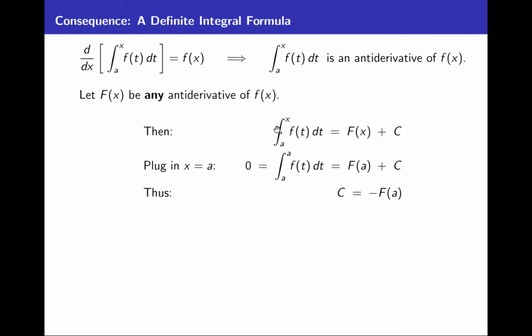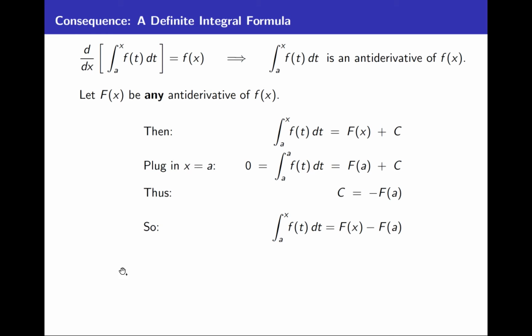So we're going to update our formula here. Now that we've found a value for c, we know it's negative big F(a). This formula becomes the integral from a to x of f(t) dt equals big F(x) minus big F(a). That's just this with the c replaced by negative big F(a).